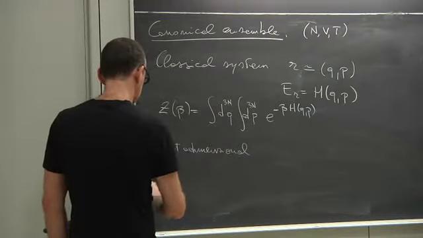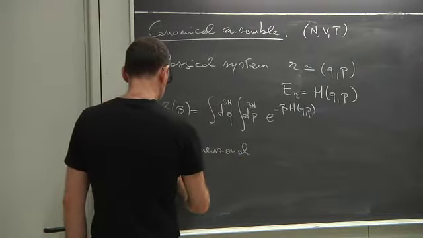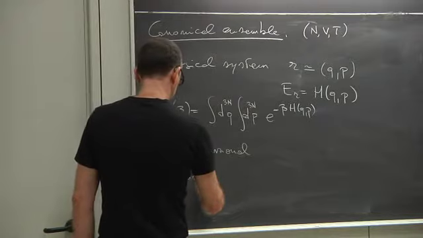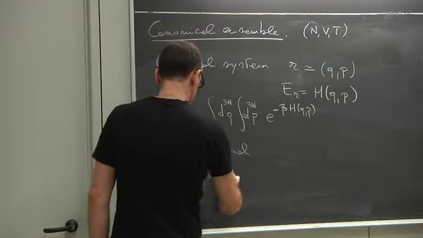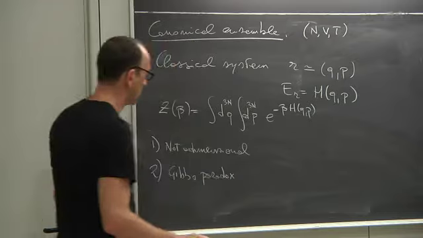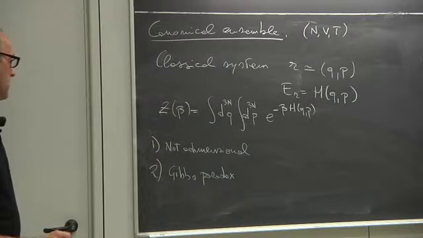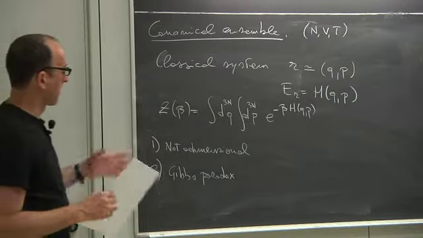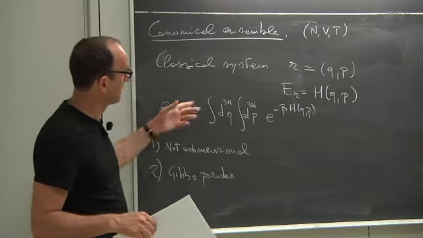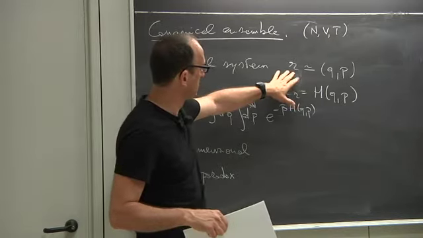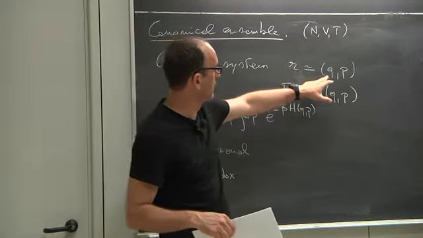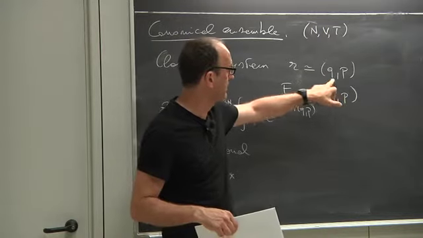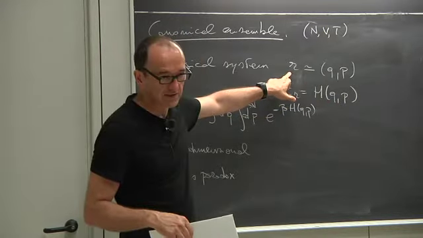And the second problem is the Gibbs paradox. This has to do with how we relate points in the phase space to states.